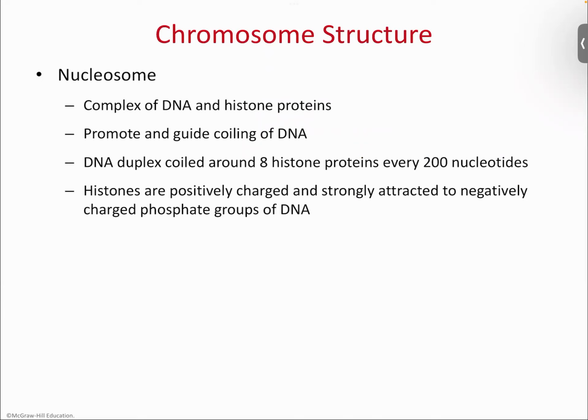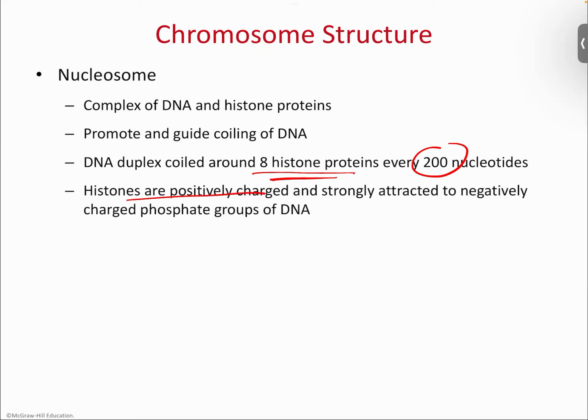So the nucleosome then is this sort of little drum piece with the histone drum with the DNA coiled around it. So you have 8 histone proteins that make up this complex, and you have about 200 nucleotides roughly of DNA wrapped around it. And the way that you get the DNA to wrap around it is by positive negative charge attraction, right?